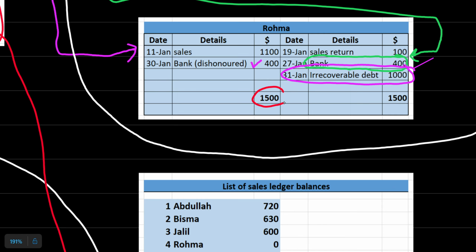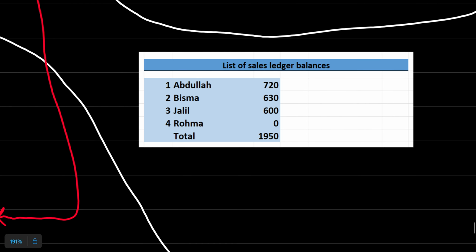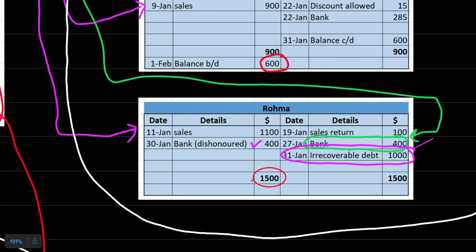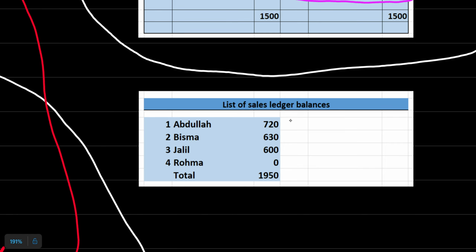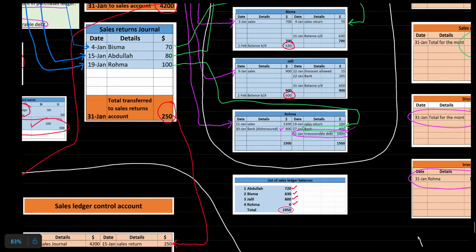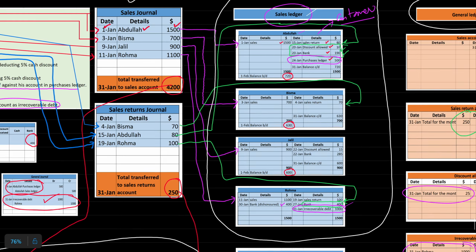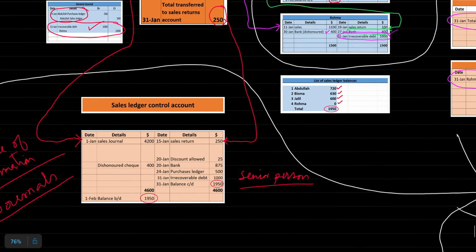Rohma's account has been closed. There is no closing balance because the amount was irrecoverable. So if we list sales ledger balances 720, 630, 600, 0, the total amount receivable from all the customers is 1950 according to these T accounts from the sales ledger.